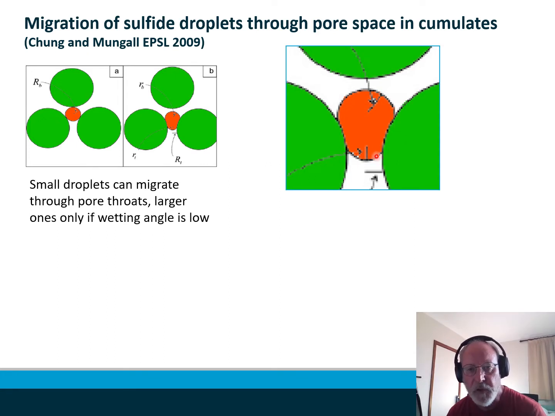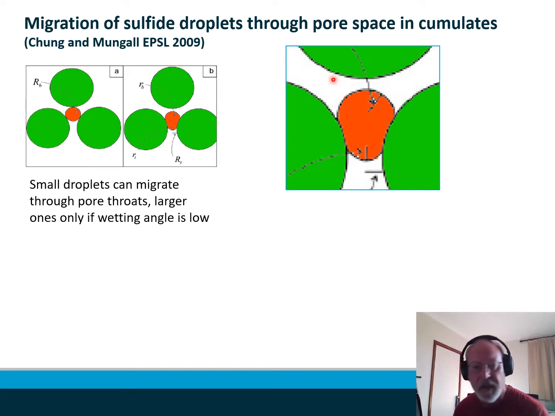But also, we've got a capillary force, that's the surface tension force, and it's trying to keep that droplet spherical. It's trying to stop it from deforming. Now, remember that where we've got silicate melt between the olivines, that sulfide liquid doesn't want to stick to the surface of the olivine grains. It wants to stay as a discrete droplet and not wet the surface of those crystals.